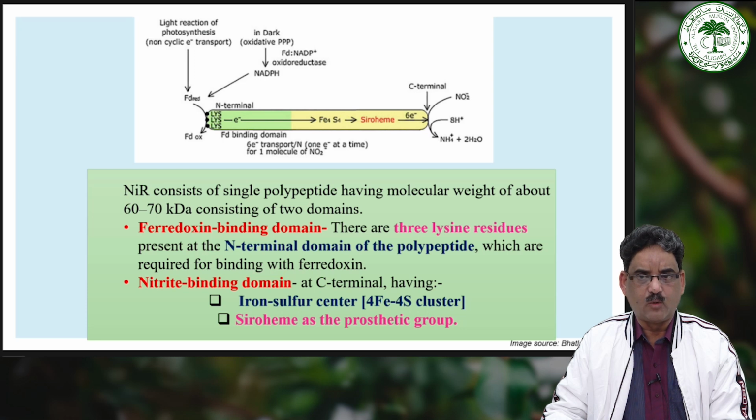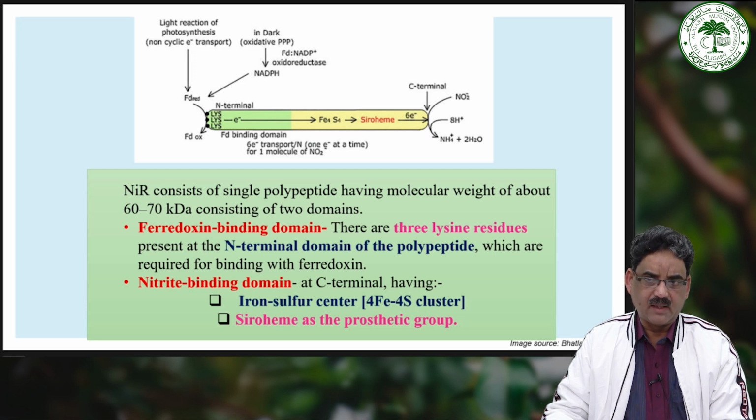Conversely, the C-terminal domain contains a single cluster of 4Fe-4S and siroheme prosthetic group, which are closely situated and linked by sulfur ligands as displayed in the figure. 4 cysteine molecules arranged in two clusters on the polypeptide provide bridging ligand and sulfur ligands to the cluster. Siroheme serves as the binding site for nitrite.